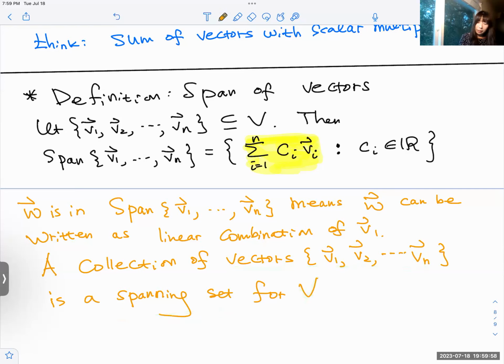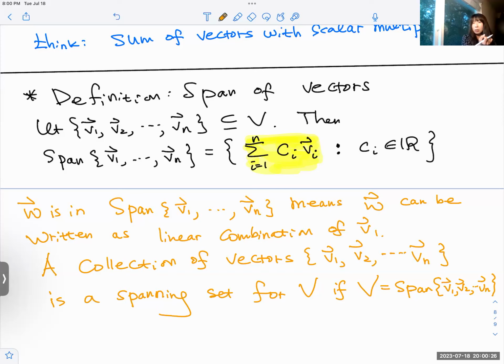Then we say V equals span of vectors V1, V2, Vn. Okay, so a little bit hard, right? But it's terminology, right? So span. So think about reading, we can write it as a linear combination, right?